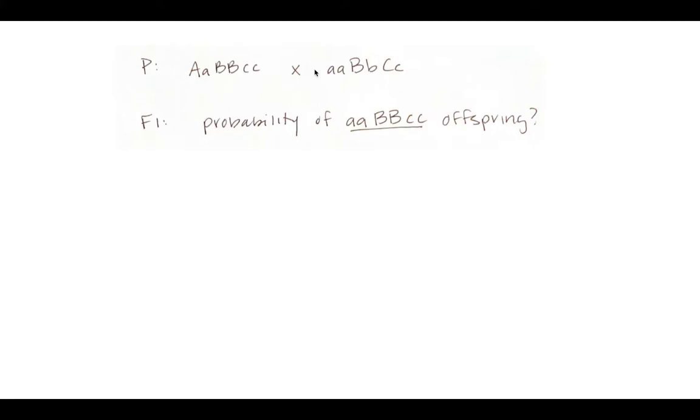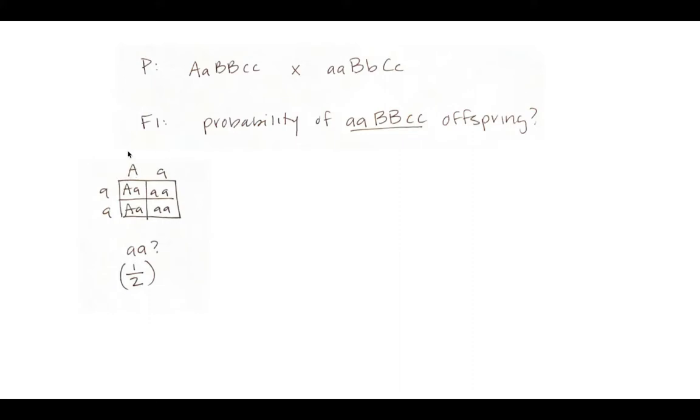We're going to look at each trait individually. Let's focus on the A's first. I'm going to take the parents' genotypes for just the A trait, heterozygous and homozygous recessive, and cross those together in a small box cross.